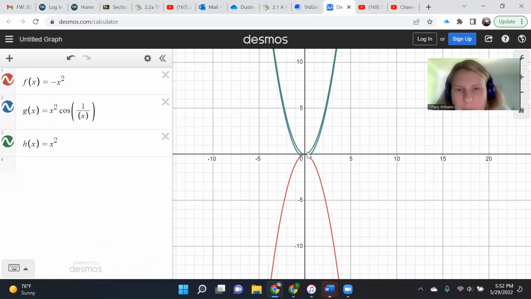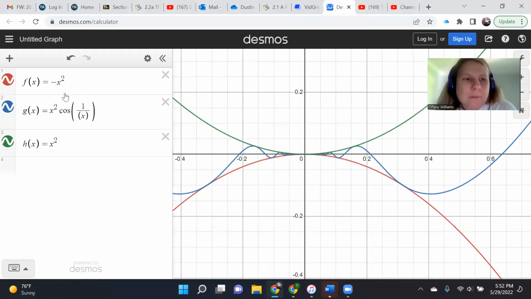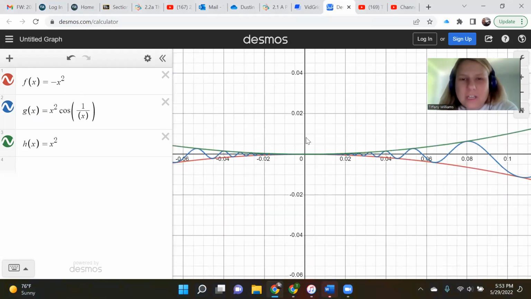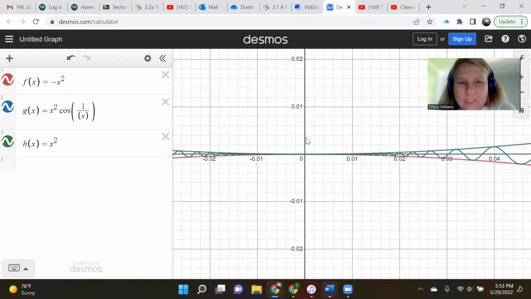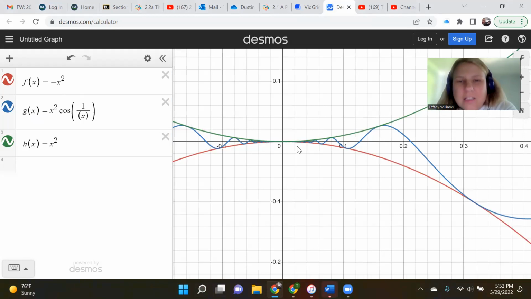So here's what happens. I'm going to see if we can zoom in. We have something really, really weird happening with g of x. As g of x approaches 0, it just keeps oscillating. And if I could zoom in even more, do you see how all those oscillations are coming out as I get closer and closer to 0? It's just continuously oscillating.